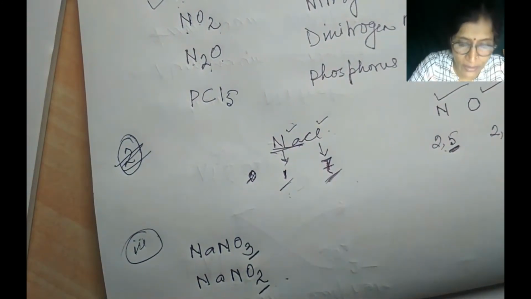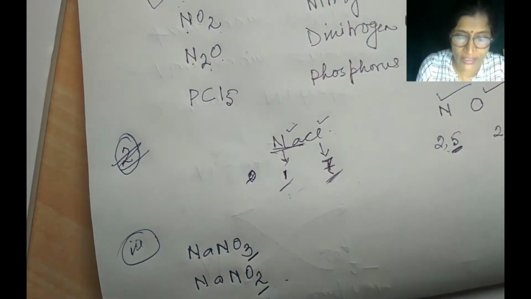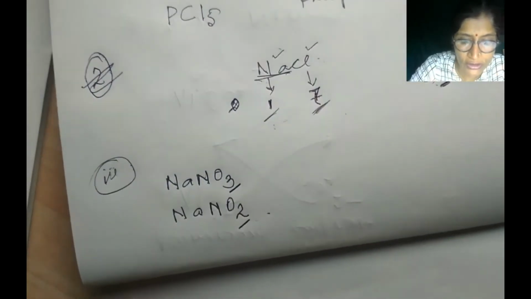In the same way, CaSO4, calcium CaSO4, and this is CaSO3. Here oxygen is 4, here it is 3. 4 is more than 3. Okay. So the name of this compound is calcium sulfate, while the name of this compound is calcium sulfite. So suppose 2 compounds consist of the same elements, and one element is oxygen.